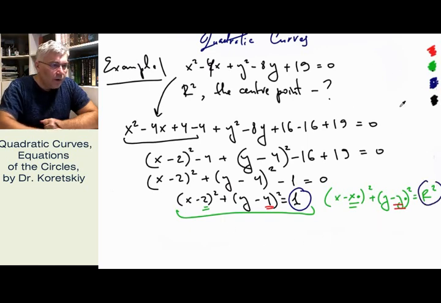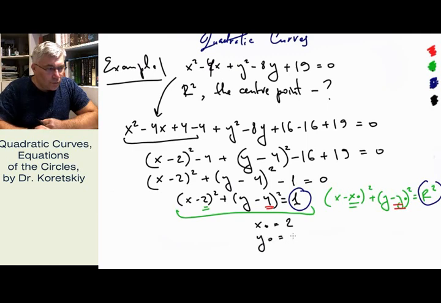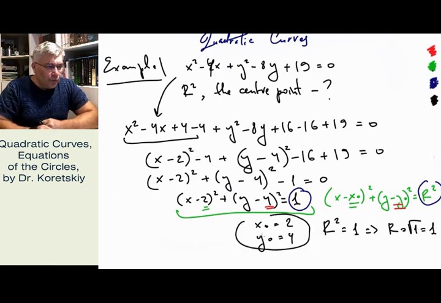So we can write down here that x0 equals 2, y0 equals 4, and r squared equals 1, since r equals the square root of 1 and it is 1. And the center point has coordinates 2, 4. The center point.